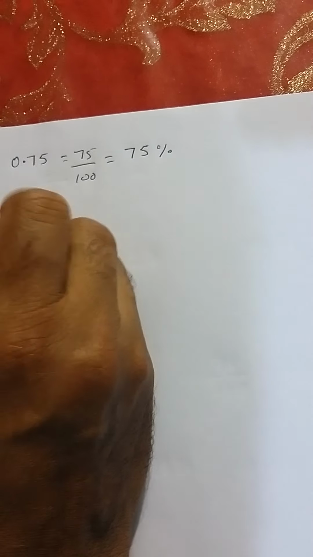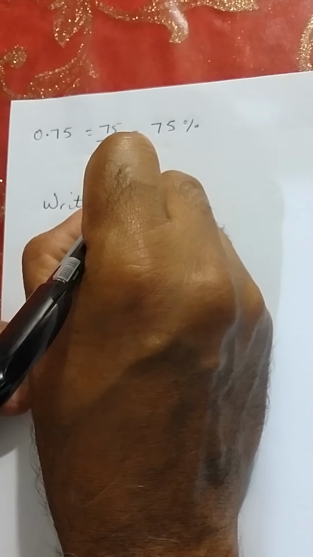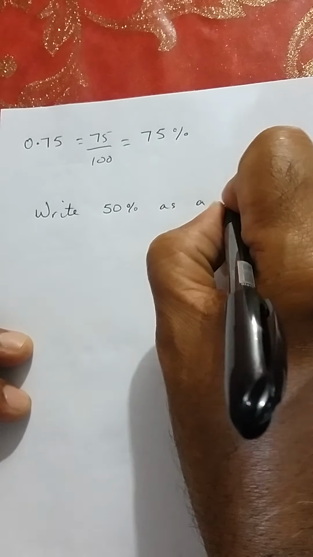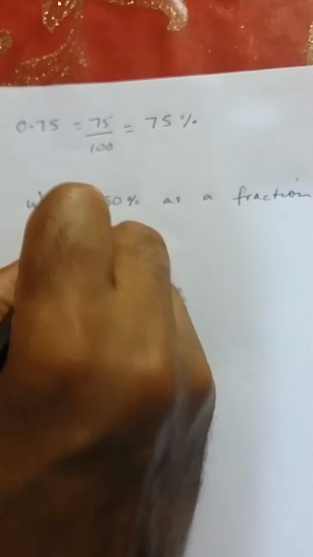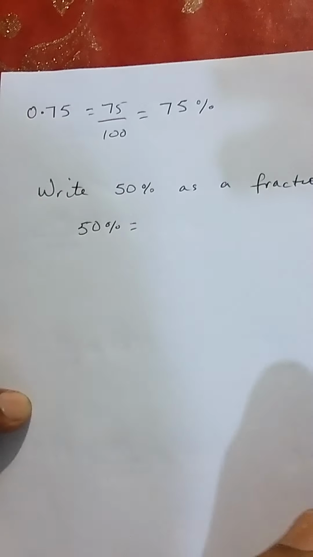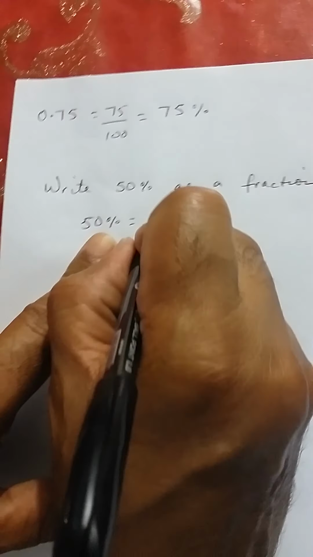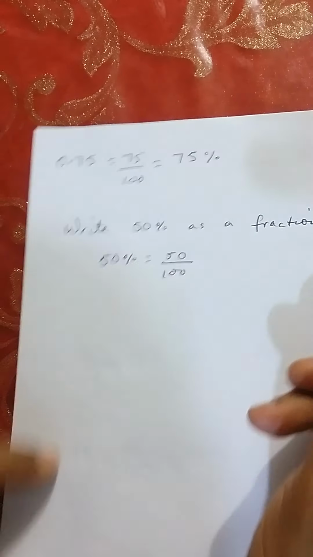Suppose we were asked to write 50% as a fraction. 50% is equal to, remember, percent means out of 100, so it will be 50 out of 100.